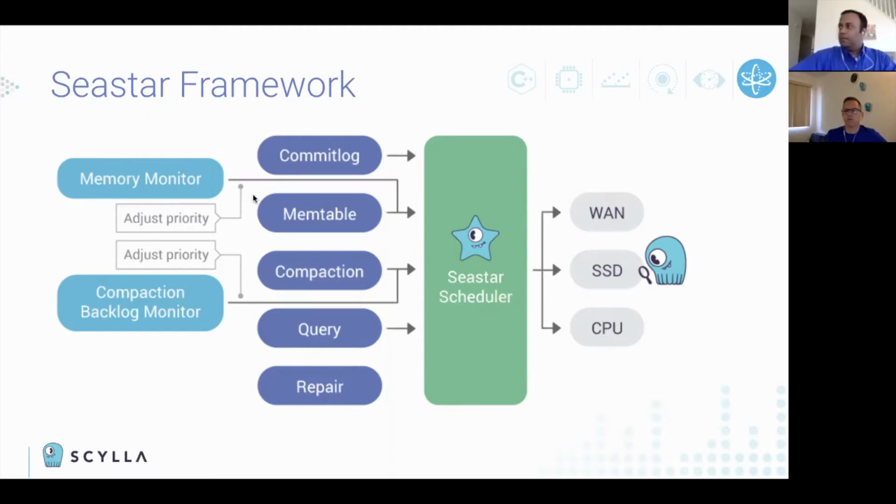Since we know the performance capabilities of the system you're using, Scylla will leverage the entire architecture and use control theory algorithms to ensure that memory flushes, compactions, and repair are in check, meaning they are not overwhelming your system and preventing you from using it. That avoids and minimizes any latency spike you might see on your system, so that your application writes and reads always have priority over other workloads.